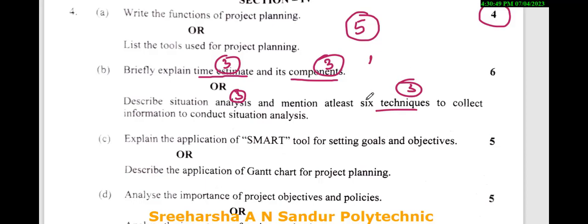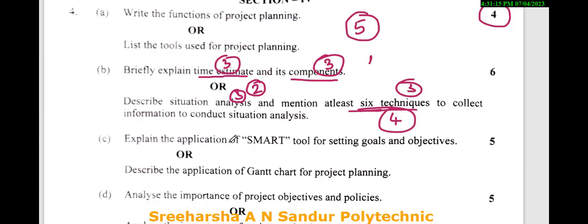Now in this event, as he is already asking to mention 6 techniques, you need to write all 6. And here for situation analysis, you may consider this is for 2 marks and this is for 4 marks. So you may answer something like this.